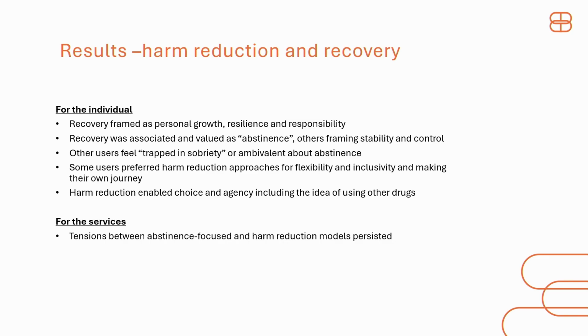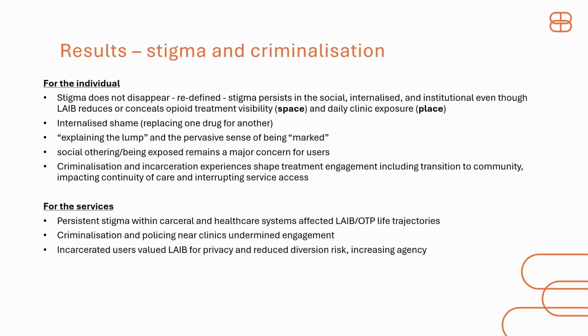And some others, yet again, preferred harm reduction approaches for flexibility and inclusivity in making their own journey in the world. Harm reduction was seen by some service users as enabling choice and agency, including the use of other drugs. So for the services, the tensions between abstinence-focused and harm reduction models persisted, but not only for service providers, it was also for service users. There was quite a tension.